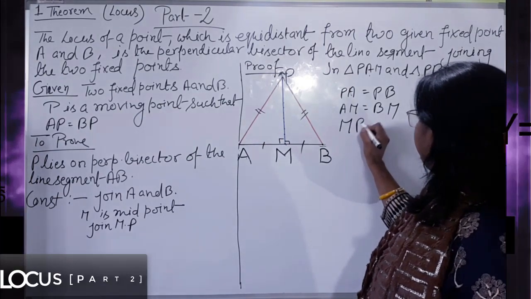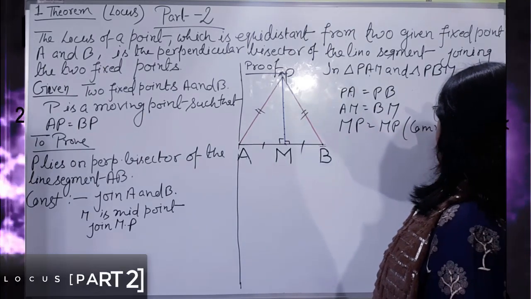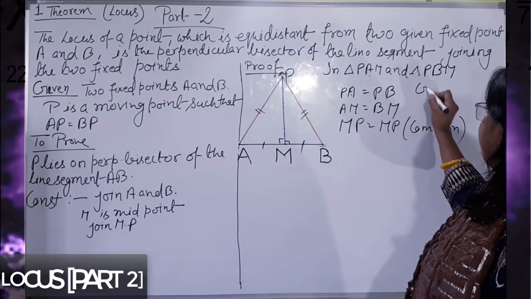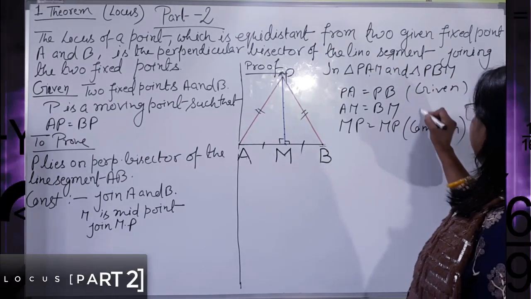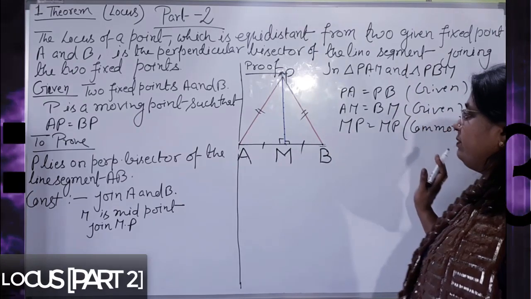MP is equal to MP because it is common. The others are given. M is the midpoint, it is given.